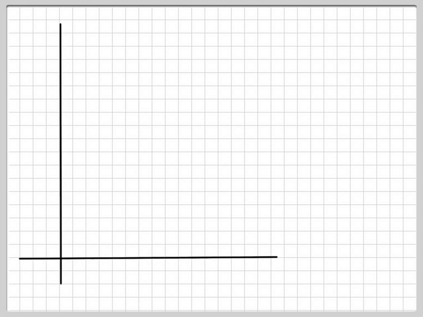So I'm going to draw a vertical and horizontal axis in. And I'm going to mark my x values at the bottom. I'm going to spread them out just a little bit to give myself some space to work.